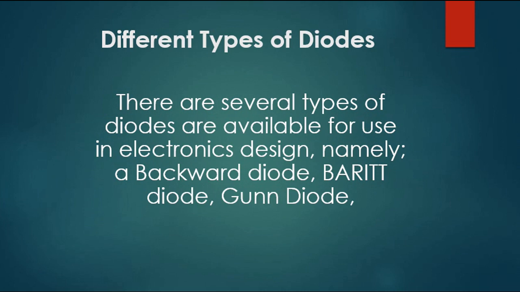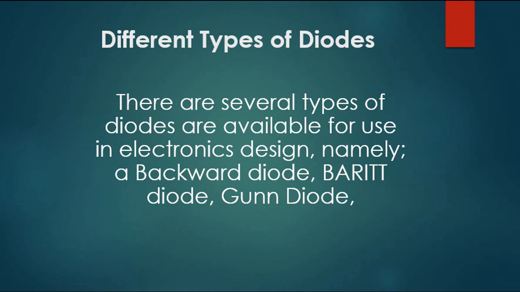So we'll be starting from types of diode before going to the Gunn diode. There are several types of diodes available for use in electronics design. Just as I said, we cannot do anything in electronics without a diode.